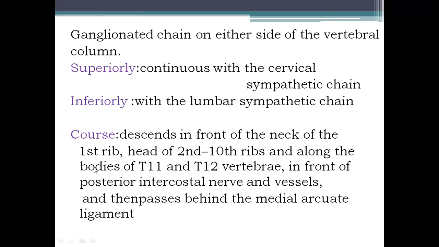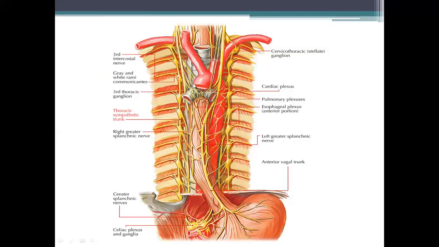Okay, what is its course then? It descends in front of the neck of the first rib, the heads of the 2nd to 10th ribs, and along the bodies of the T11 to T12 vertebrae. It passes in front of the posterior intercostal nerve and vessel, and then behind the medial arcuate ligament.